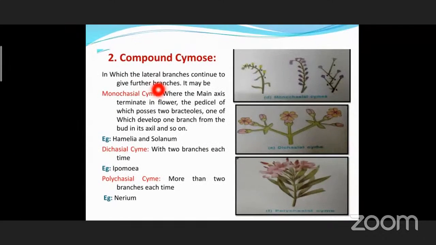Compound cyme: the branches continue to give further branches. It may be first one monochasial cyme, example Solanum, and another example Camellia. Second one dichasial cyme, example Ipomoea. Third one polychasial cyme, example Nerium.